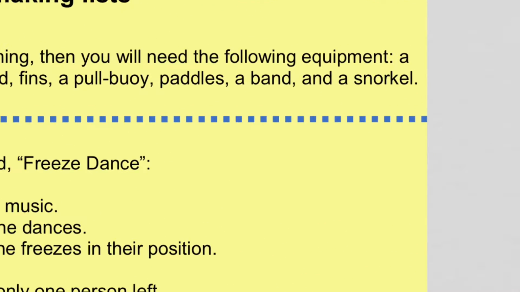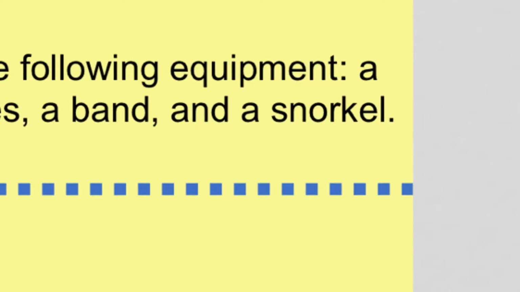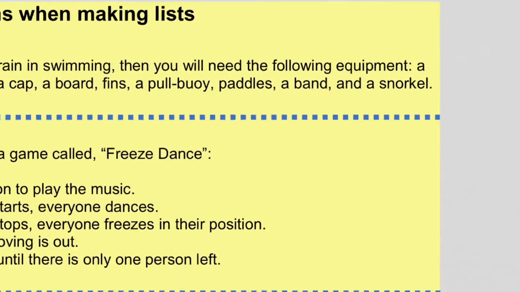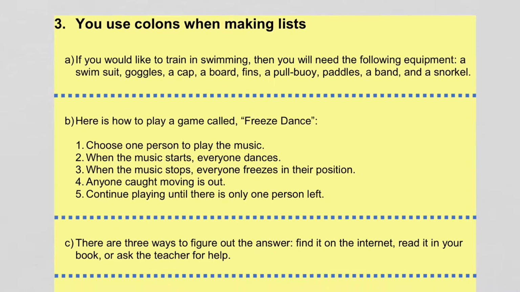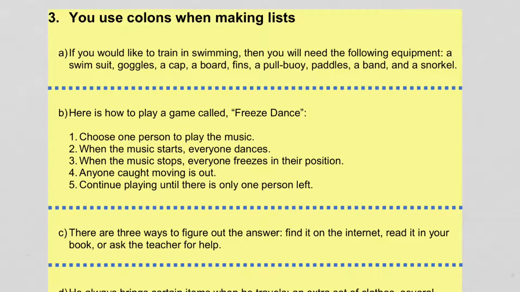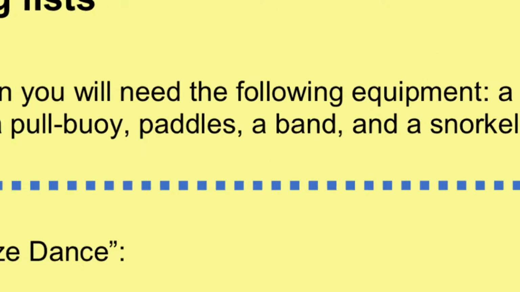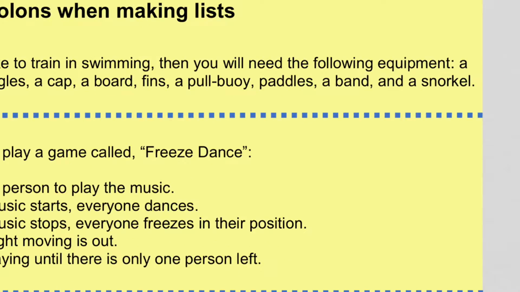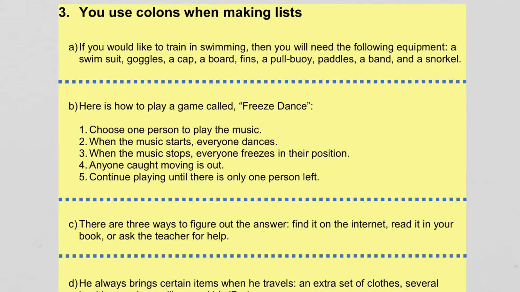So you can see that I've introduced this list of things. And when I say introduced, one of the common words that you'll see if people introduce lists is this word following, or the following. If I were to take out the words "then you will need the following equipment," then I could just write it out without a colon.